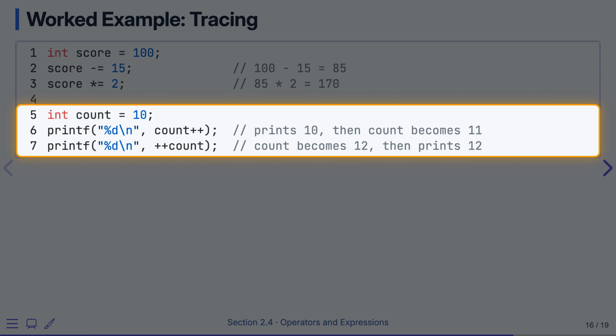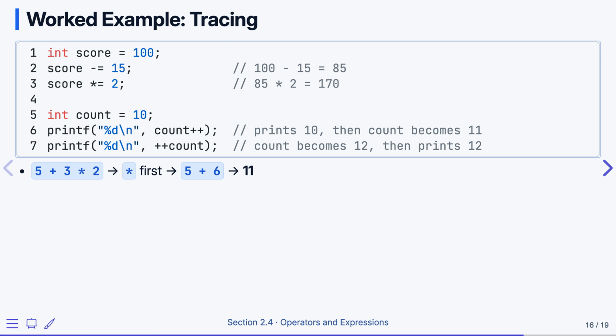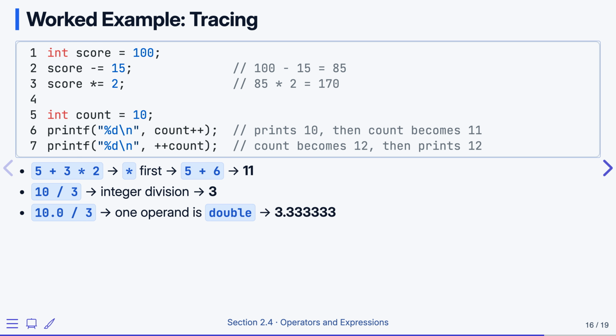Pre-increment bumps count to 12 first, then prints 12. Remember precedence. 5 + 3 * 2 does the multiplication first, giving 11. 10 divided by 3 is integer division, so the answer is 3. But 10.0 divided by 3 has a floating point operand, so you get 3.333.